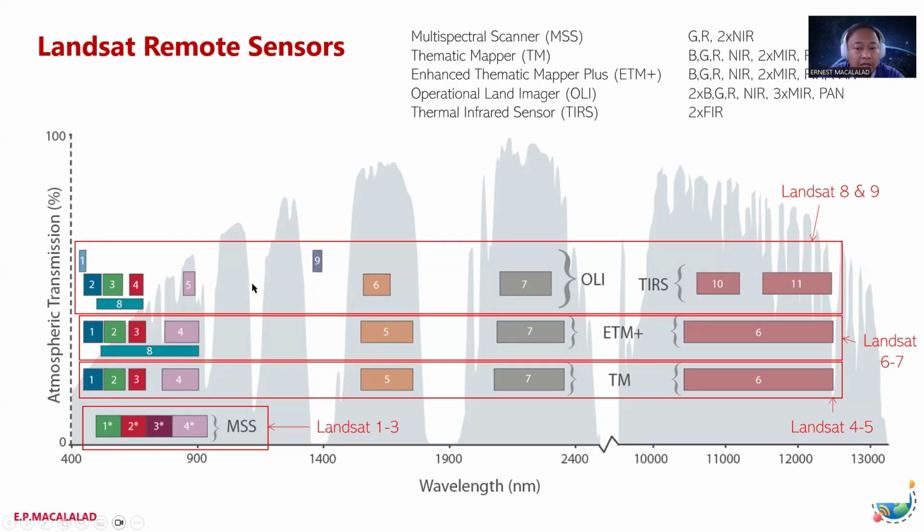It has a total of 11 bands. It has two blue, then we have green and red, then a near infrared, then a mid infrared, and long wavelengths.